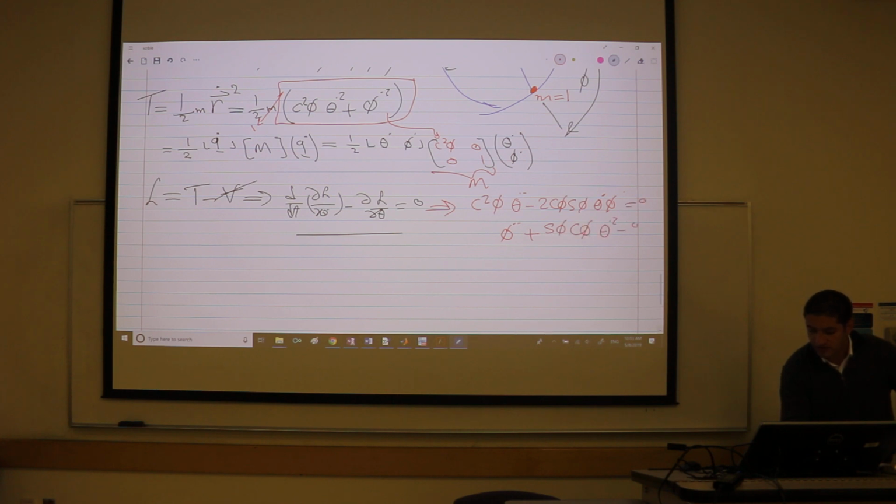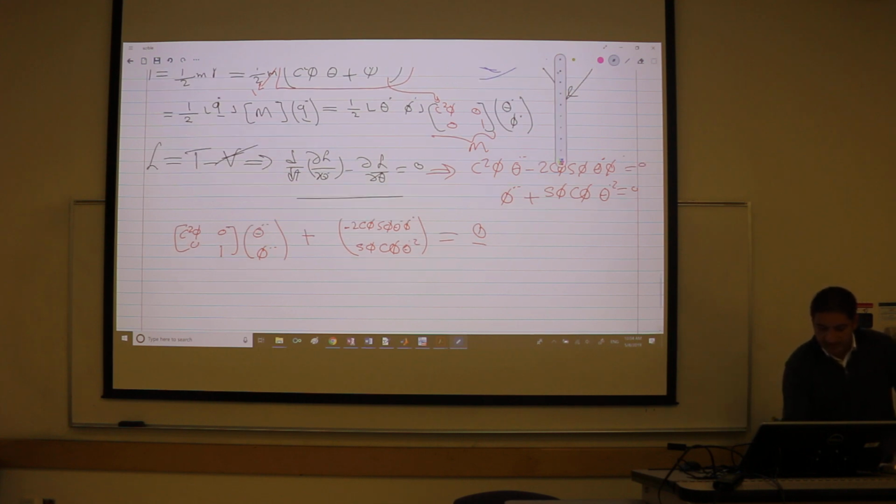is 0. So we typically write them as a matrix, cosine squared phi, times theta double dot and phi double dot, plus something equals 0. So this is 0, 0, 1, right? If I just read them, and here whatever is left, cosine sine theta dot phi dot and sine cosine theta dot square.